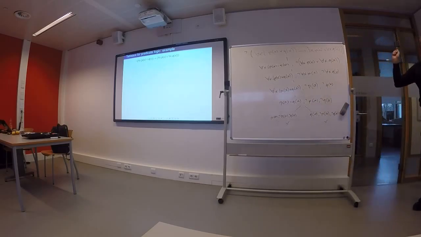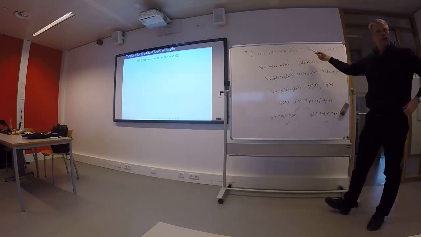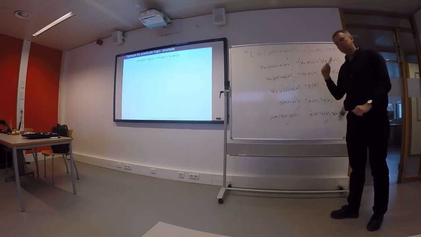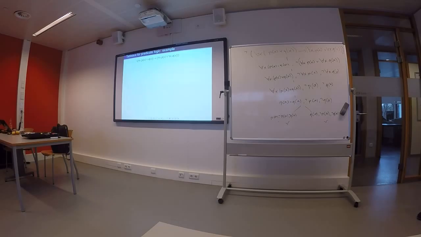Now, I started out by saying you agreed with me that universal does not distribute over OR, so the negation of that should not be unsatisfiable. I just appear to have shown it to be unsatisfiable.